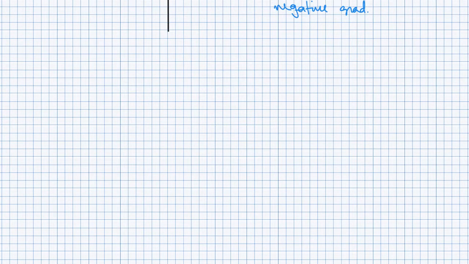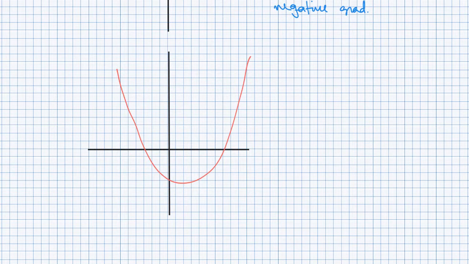So I'm going to start off with a new function now. I'm just going to get my graph drawn, and I'm going to draw a quick quadratic function and use the same sort of idea to explain the concept. So here I have a quadratic function.